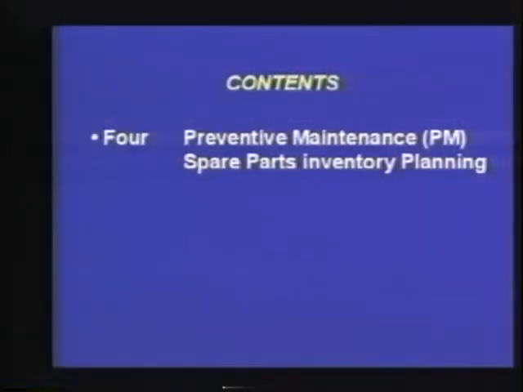Section 4 is the other major planning activity, which will address the spare parts. And here we don't have a capacity plan, but we do have what is called an inventory management program. So the 2 major planning activities, labor and spare parts, will be covered in sections 3 and 4.